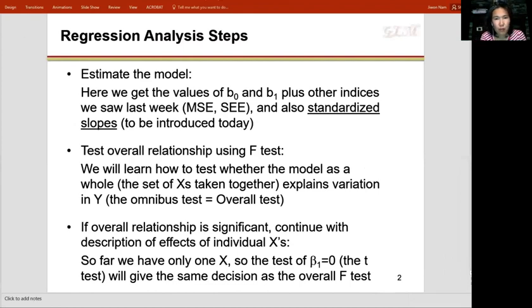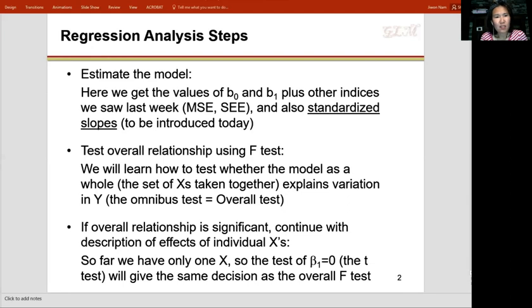Page 2 looks like an outline of today's lesson. The first one is estimate the model. Here we get the values of B0 and B1 plus other indices we saw last week. B0 is the y-intercept. B1 is the slope.